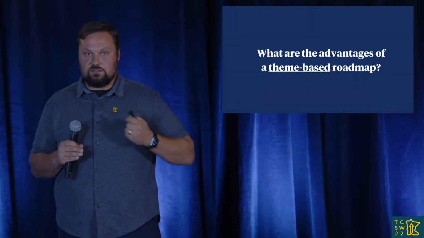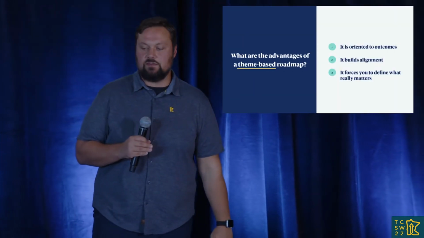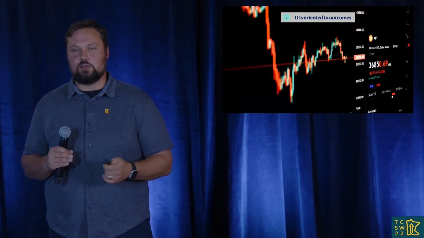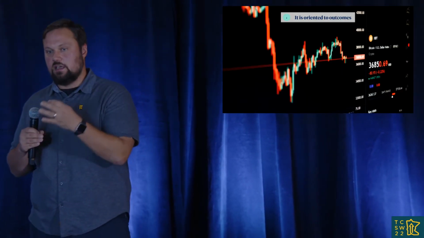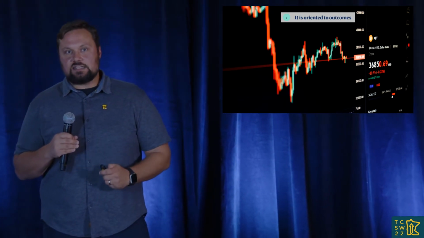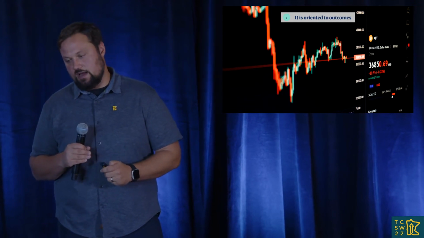So what are the advantages of taking a theme-based approach when you determine your MVP feature set? The first one is that it's oriented to those outcomes, right? It's really opinionated about what we're trying to achieve and why, but it's very flexible on how we might achieve that. A lot of times, the best products are built off of experimentation and A/B testing and other forms of experiments.